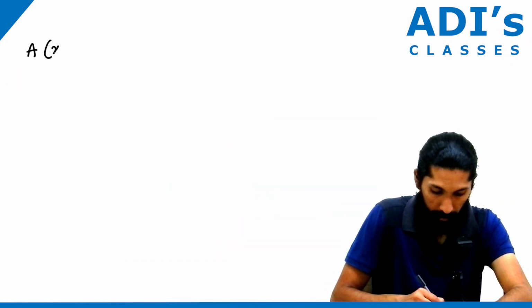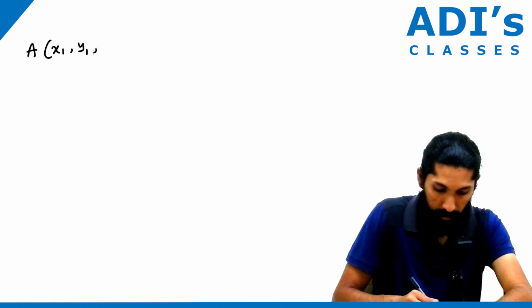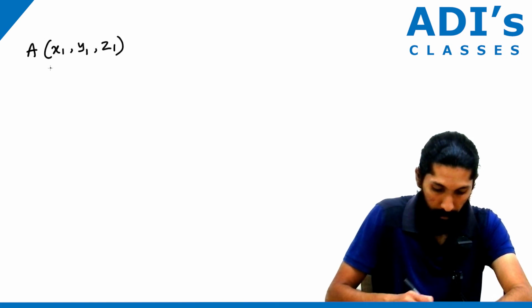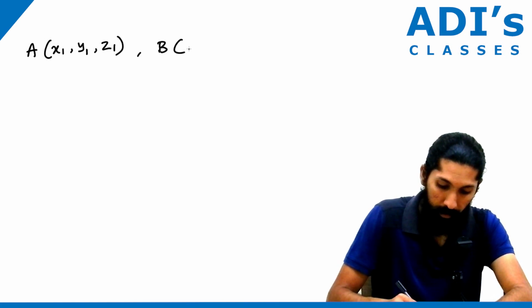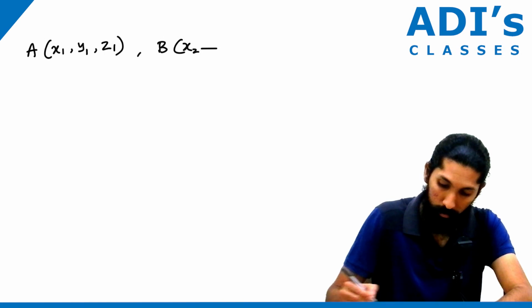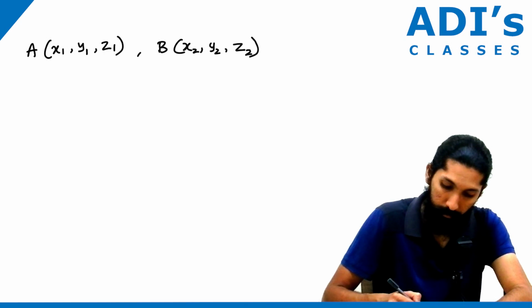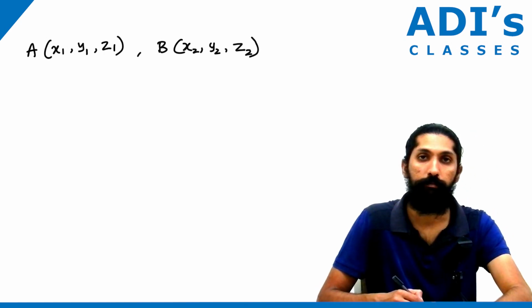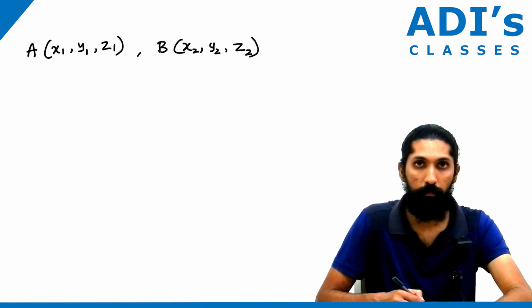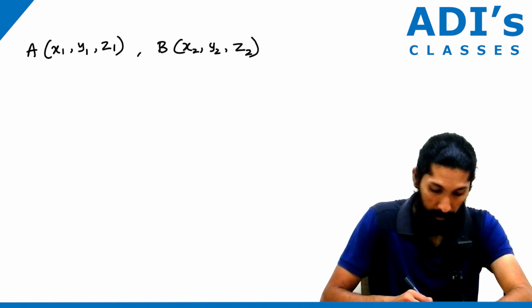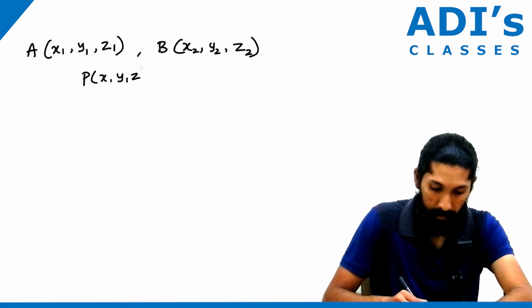You have point A, x1, y1, z1, and you have point B, which is x2, y2, z2. Correct? We have 2 points. Now, point P is some arbitrary point. We'll call it as x, y, and z.